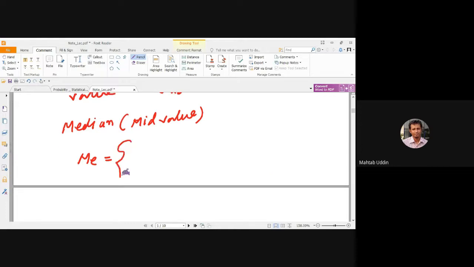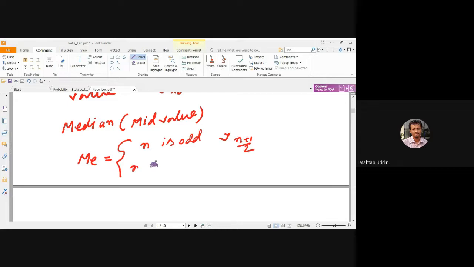How can you find the median? If n is odd, it is very simple: the (n plus 1) by 2 th value, y_{(n+1)/2}.